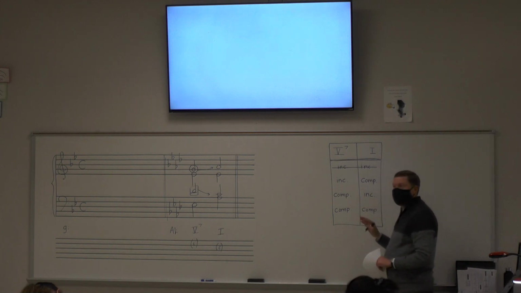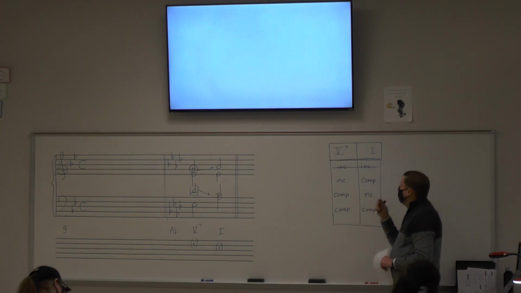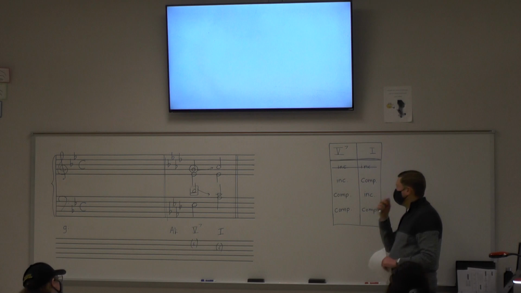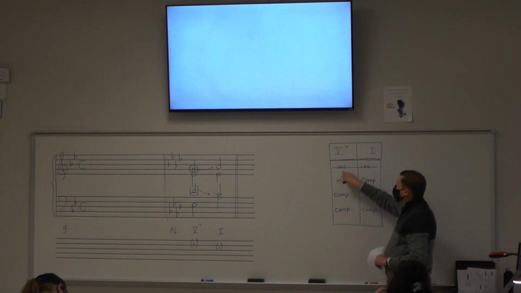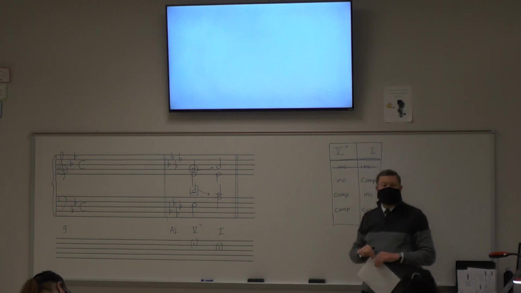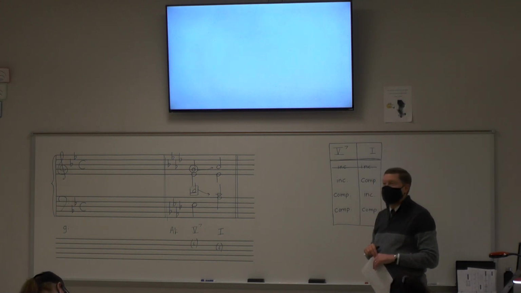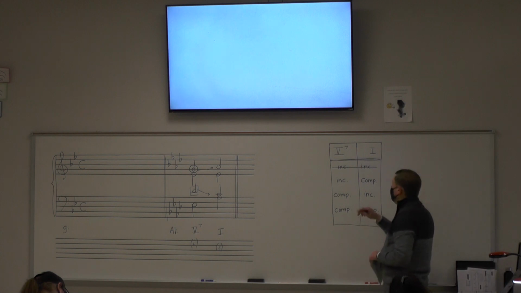We talked about how there are 4 possibilities to deal with incomplete and complete 5/7s versus incomplete and complete tonic chords. One possibility, which we never need to use, would be part writing an incomplete 5/7 to an incomplete tonic. We are never forced to do that, so we're just going to ignore that possibility completely.